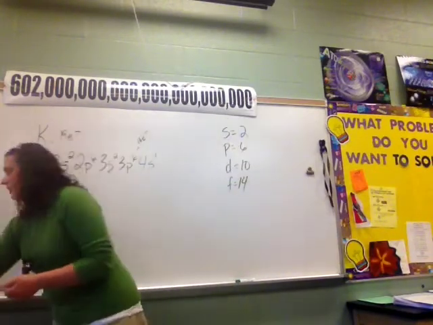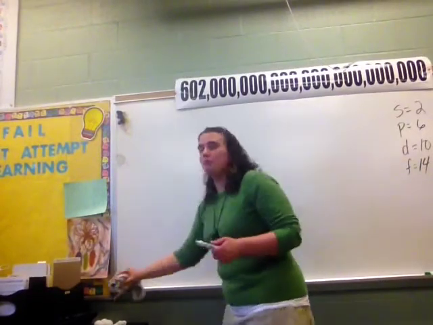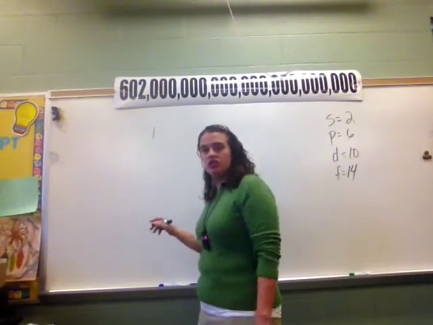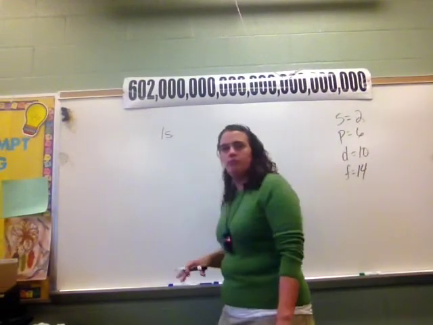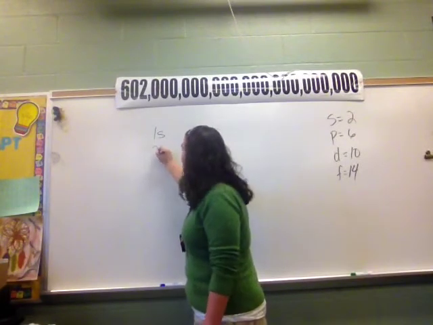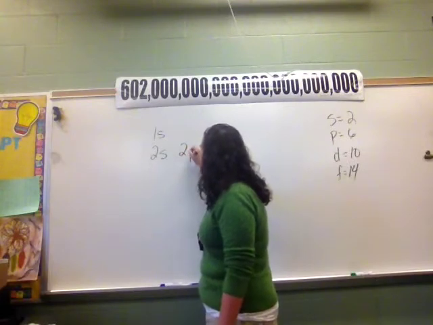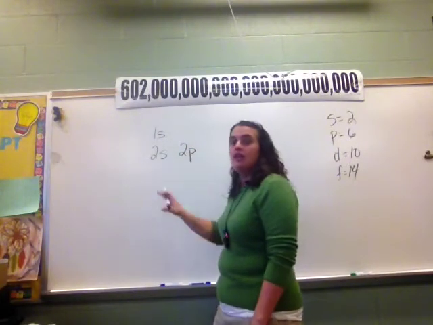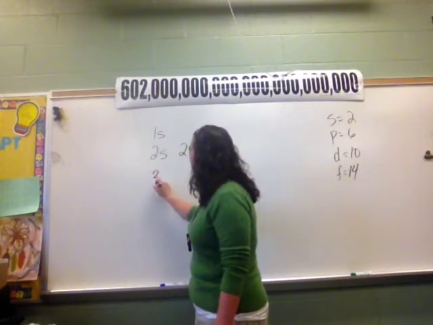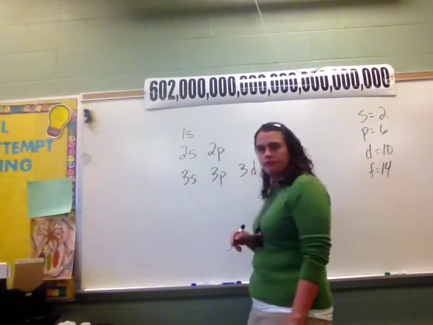Here's an easy way to remember it. It's what I like to refer to as my roadmap. Now, how do I build my roadmap? Here's how. I start my first energy level. I have my s. We're done there. I go to a new row, second energy level, I have my s, but I also have my p. Now I'm going to go 3s, 3p, 3d.